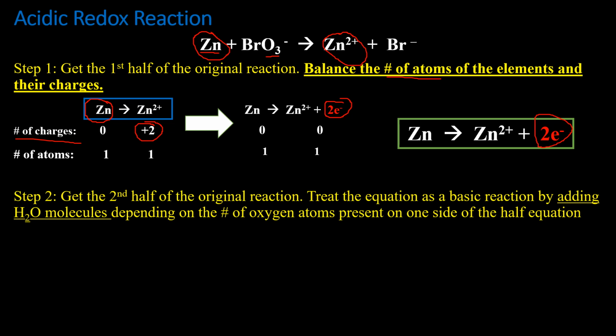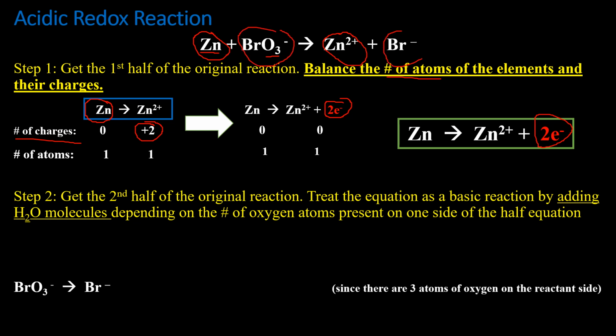Next step is to get the second half of the original reaction, usually with the substance with the oxygen. Treat the equation as a basic reaction by adding water molecules depending on the number of oxygen atoms present on one side of the half equation. So the second half will be the BrO3 negative and the Br negative.